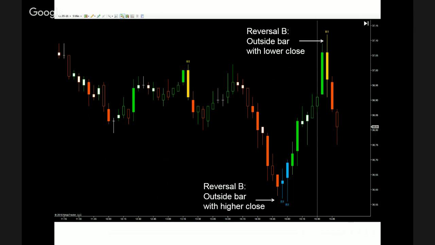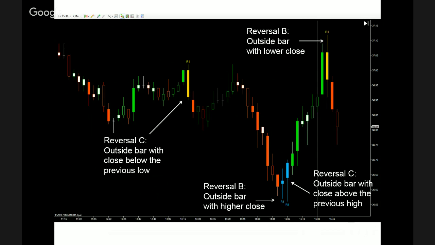And this is a reversal down type B pattern, and we again have an outside bar, and this time with the lower close. And then we have type C, an outside bar again with the close plotting below the previous low, and for the upside again an outside bar, and this time a close above the previous high.